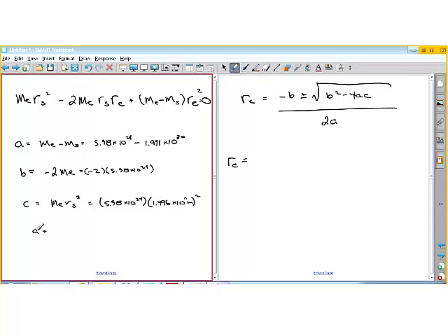Okay, so let's get a number. A is going to be, essentially it's going to be this, because that's so small, so let's ignore that. So we get negative 1.991 times 10 to the 30th.